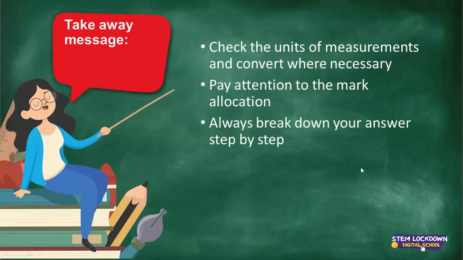Okay, before we go to the hashtag, the lesson from this, after all the calculations we did, this is literally the lesson for all the conversions we've been doing this week. You check the units of measurement always before getting on with your answer, and you convert when necessary. Pay attention to the mark allocation. Break down your answers step by step.